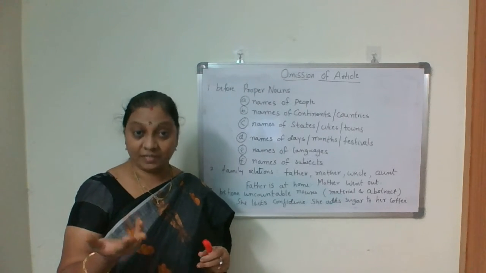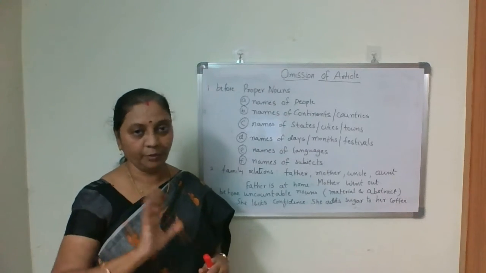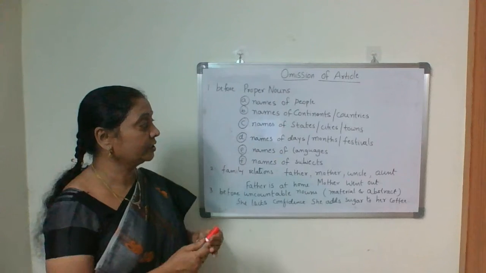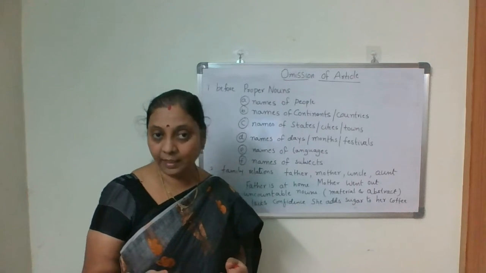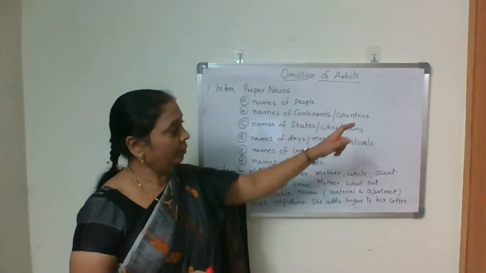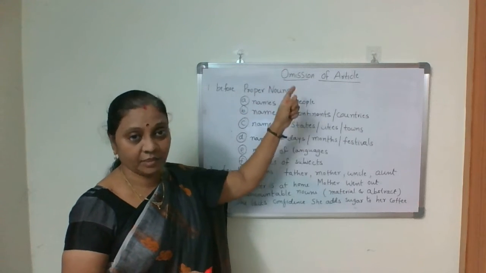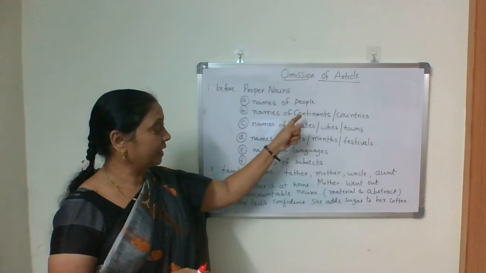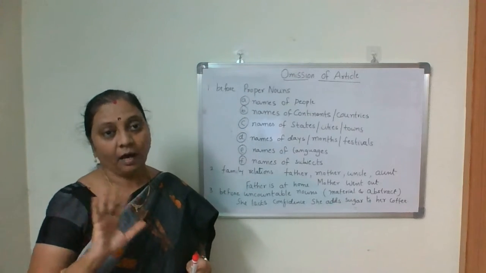Continents: Australia, Asia, Europe. You don't say the Asia, the Europe. Before countries also, like the India, you never say a India, an India. So no article before the names of continents, and first names of persons. Secondly, names of continents and countries also we don't use any article.